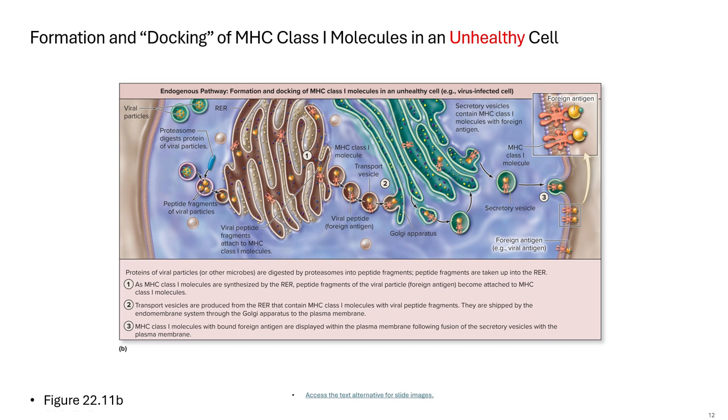There's no trying to save this cell. It's been infected. It is compromised. It is now a sacrifice. We're going to kill this cell so as to prevent this cell from continuing to produce these viral proteins and spread it to additional cells, right? So with this MHC1 in these nucleated cells, that are unhealthy now because they've been infected, this cell is going to be destroyed.